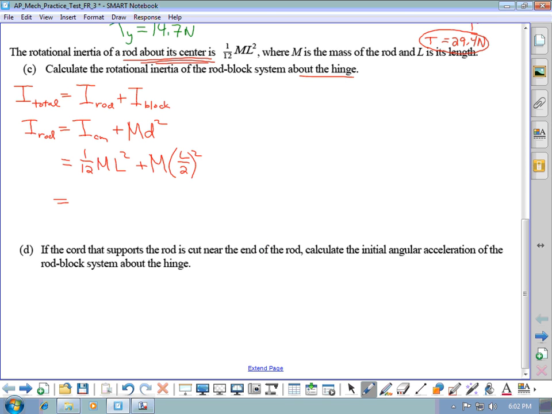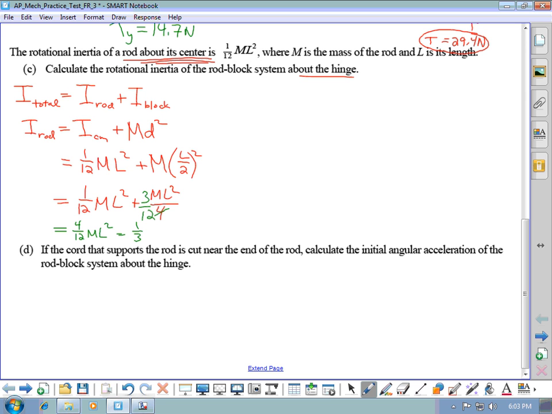So adding those together, I have 1/12 ml squared plus ml squared over 4. You need to make sure that you square the numerator and the denominator, which 1/4 becomes 3/12 if I wanted to get a common denominator. So then 1/12 plus 3/12 is 4/12. And 4 divided by 12 is 1/3.